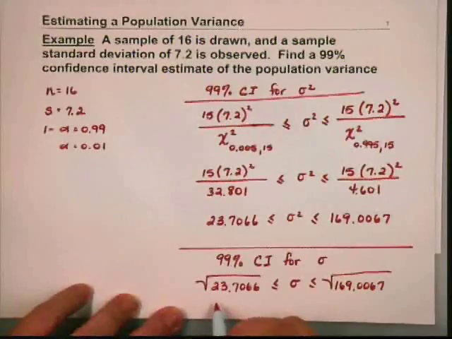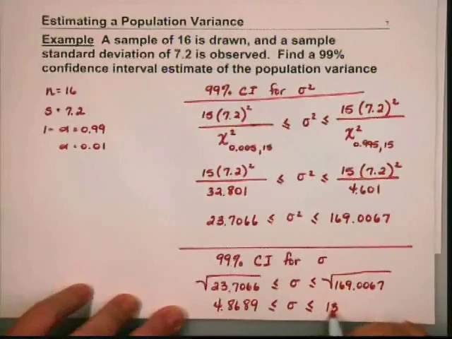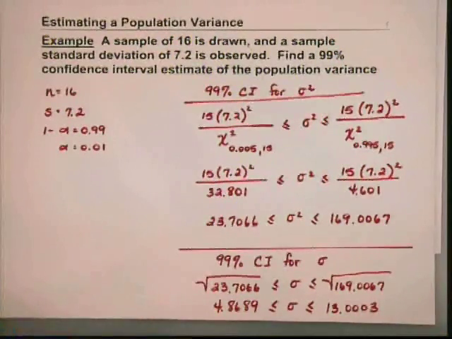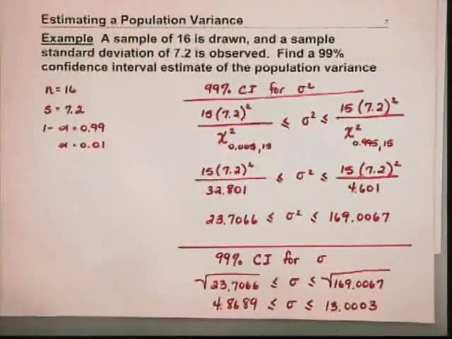On the left, I have 4.8689, less than or equal to sigma, less than or equal to 13.0003. Okay, so just be careful what you're being asked for. So you don't have to do anything up here. You just have to work with the variance to get the interval and then take the square root.